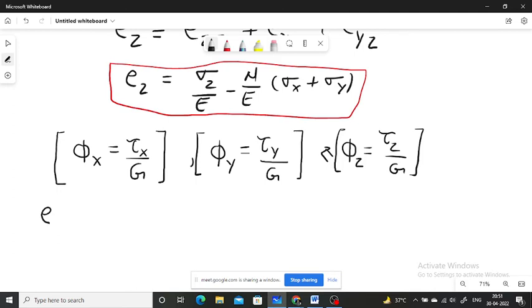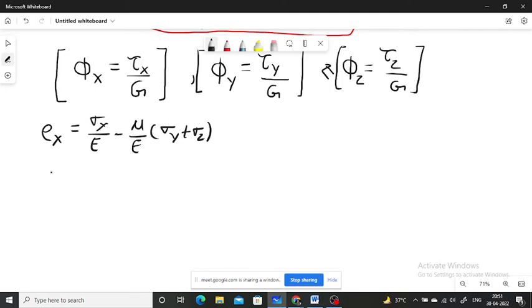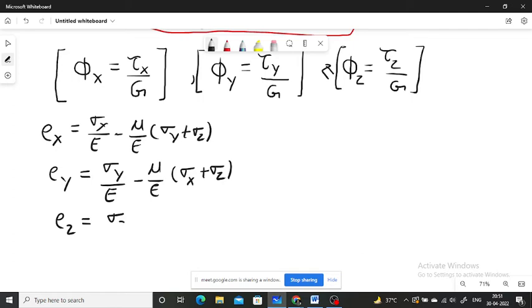These 6 equations: Ex is equal to sigma x upon E minus mu by E, sigma y plus sigma z, Ey is equal to sigma y by E minus mu by E, sigma x plus sigma z, and Ez is equal to sigma z by E minus mu upon E, sigma x plus sigma y.